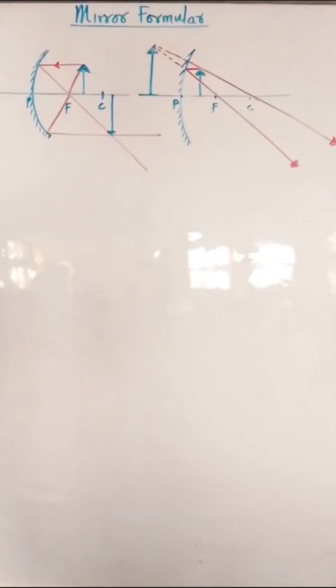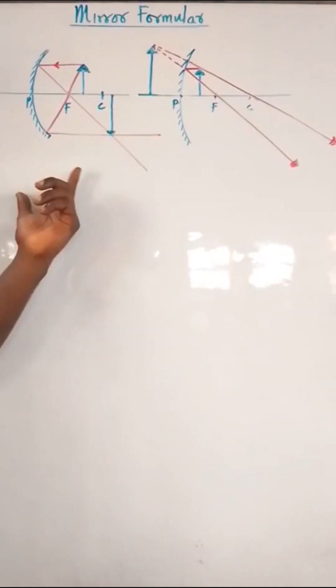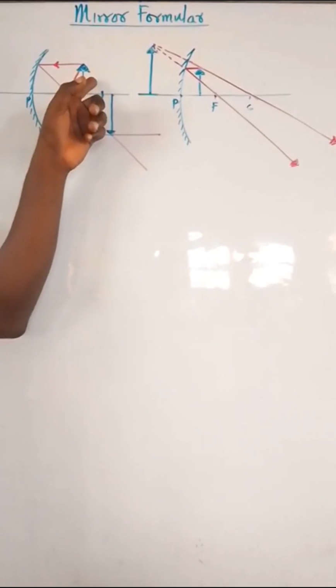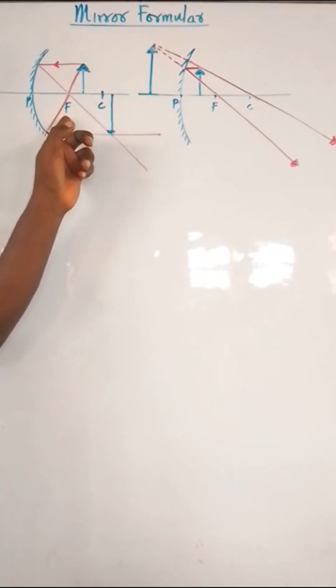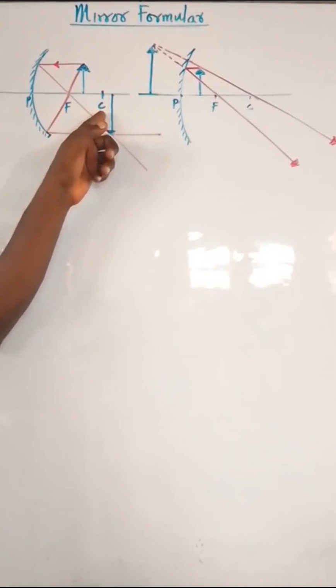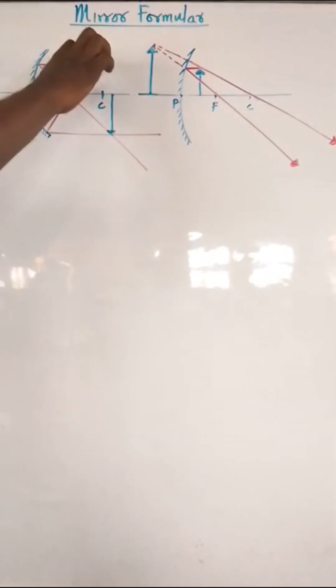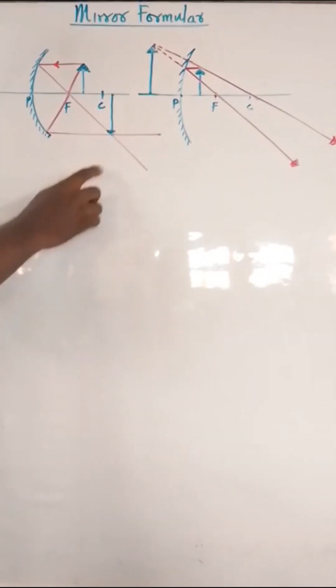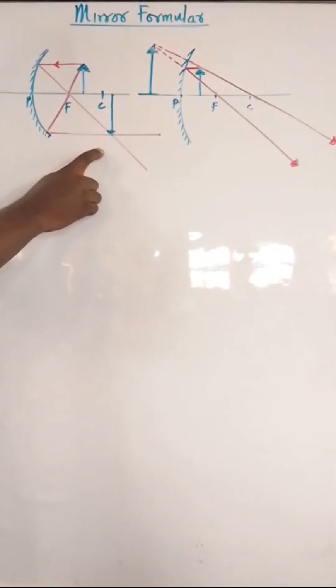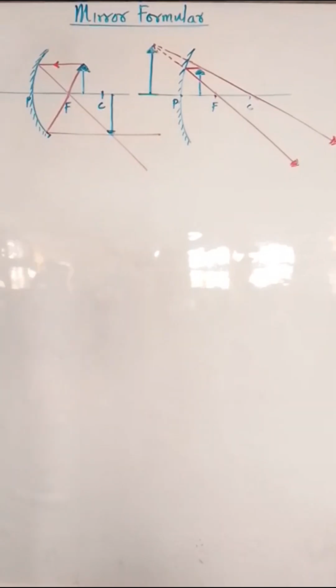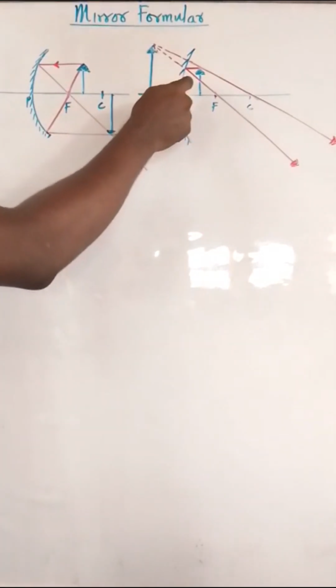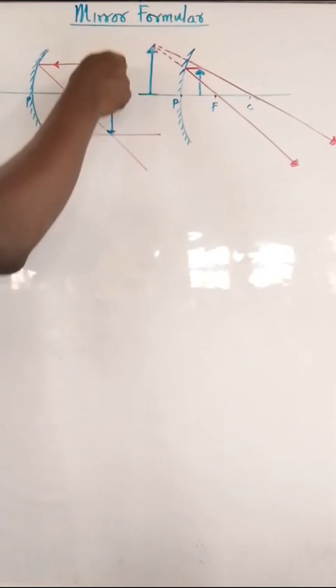Now let us consider these two converging mirrors. For this first one, the object is placed between the principal focus and the center of curvature. So what we have here is the object, and this is the image that will be formed. The image is real, inverted and magnified. For this one, it is formed at the back. So it is virtual, erect, and also magnified.